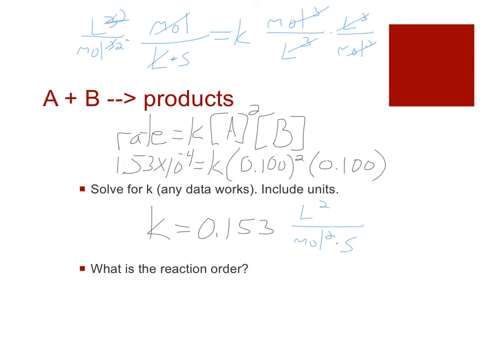So we need the units on k. It's different for every problem. But there's a little trick. There's a pattern here if we're paying attention. It has to do with the overall order of the reaction. Since my A is second order and B is first order, we say the reaction order overall is 3. It's a total order.